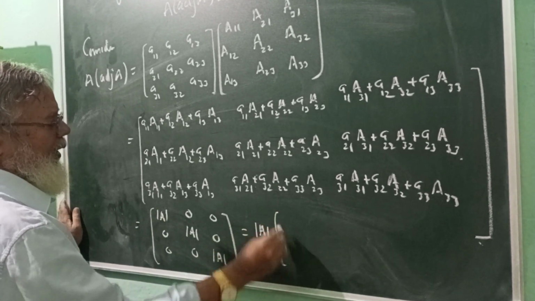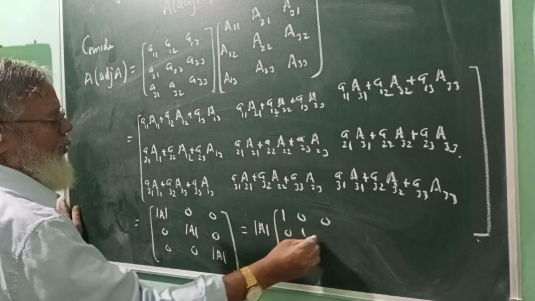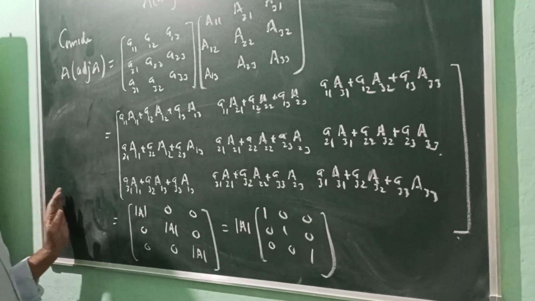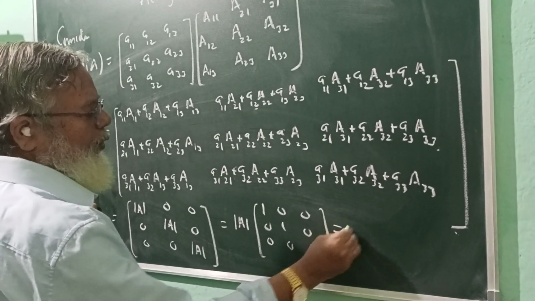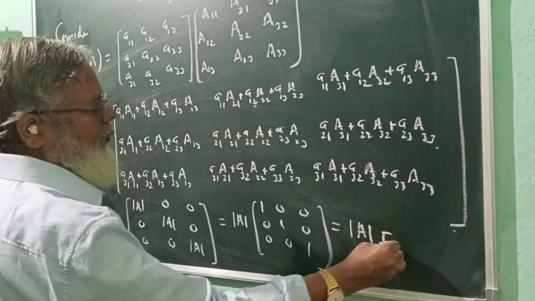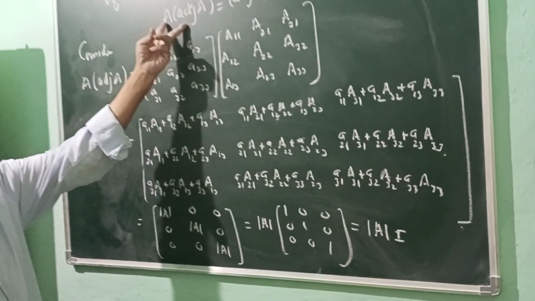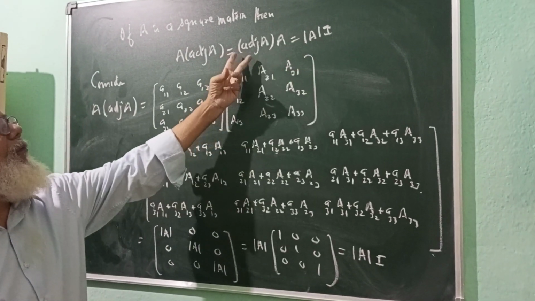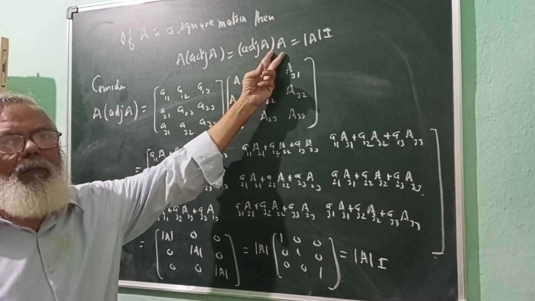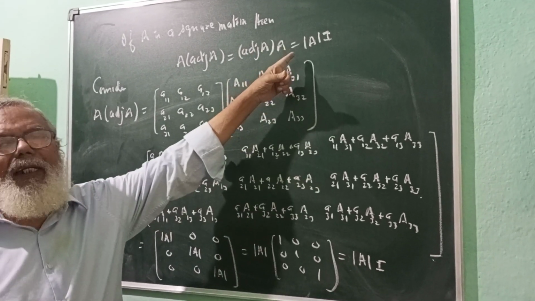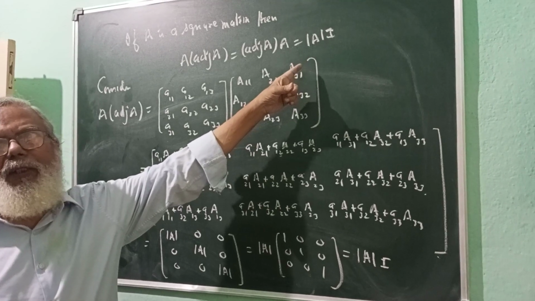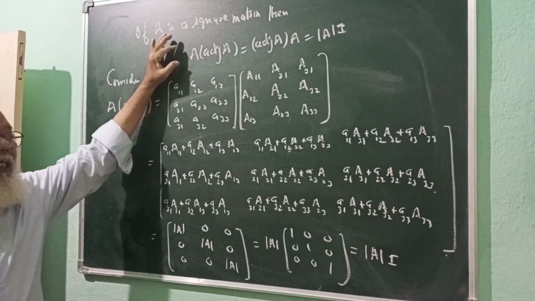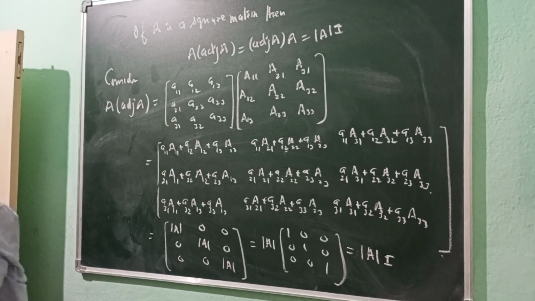What remains is 1 0 0, 0 1 0, 0 0 1, and you can see this is nothing but the unit matrix denoted by I. Therefore we have proved that A into adjoint of A is equal to determinant of A into I. Similarly, we can take adjoint of A into A, and by the same way we can prove that its value is also equal to determinant of A into I. This is an important result, and it gives the formula to find the inverse of a given matrix.